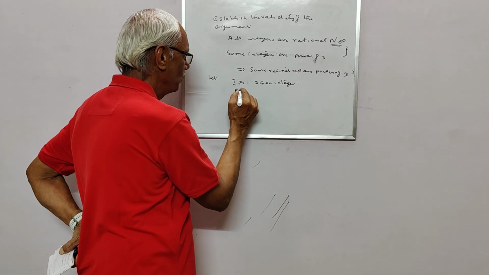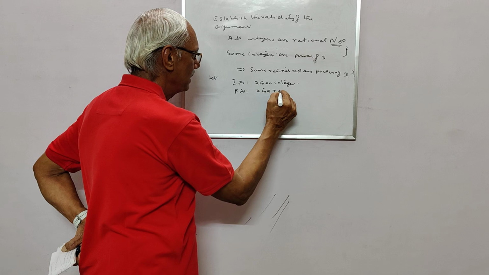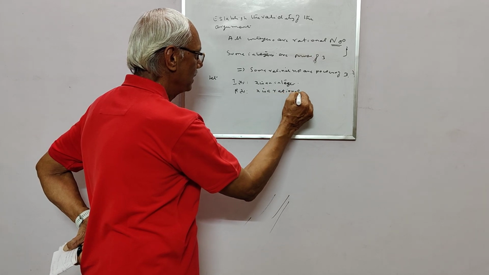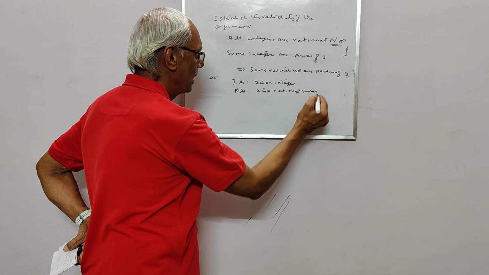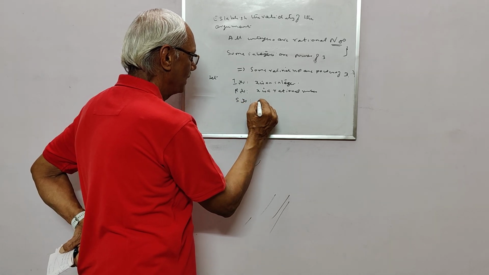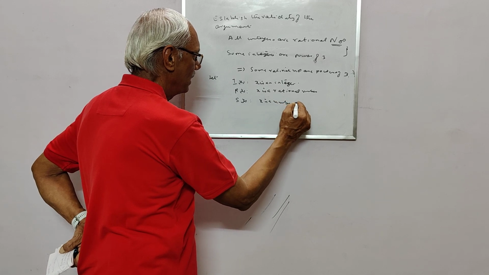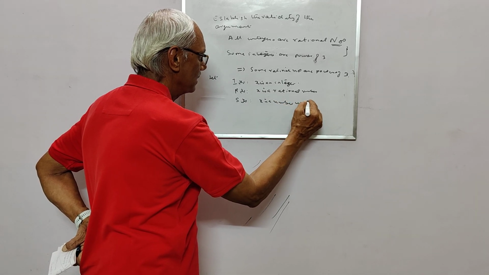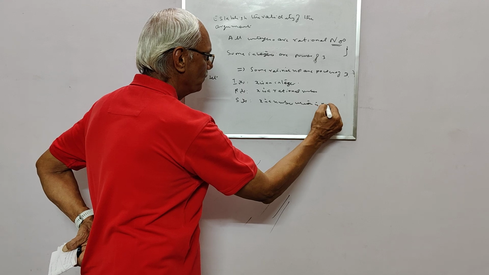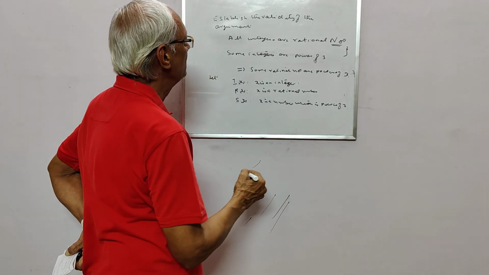And one more is given, R of x: x is a rational number. And what is the next one? S of x, let me call it: x is a number which is a power of 3.